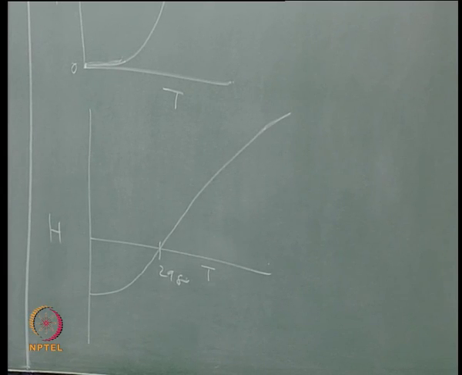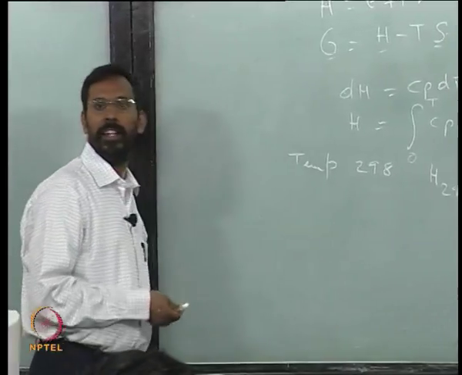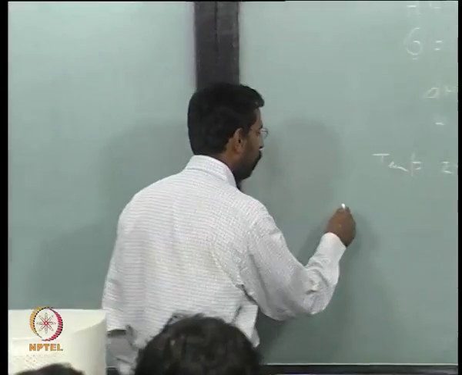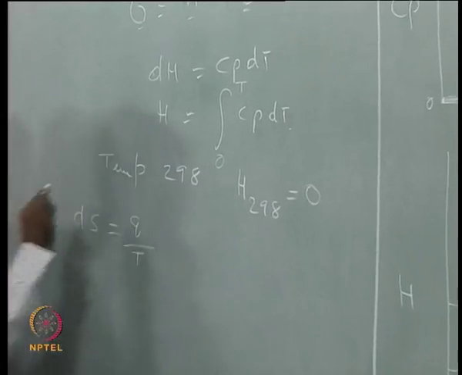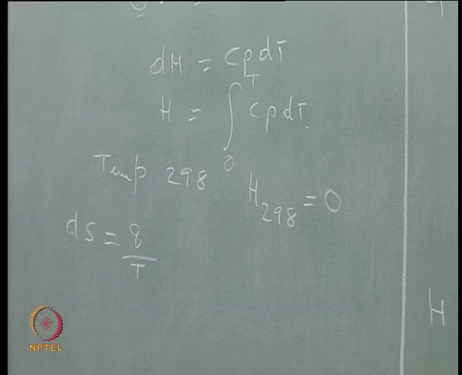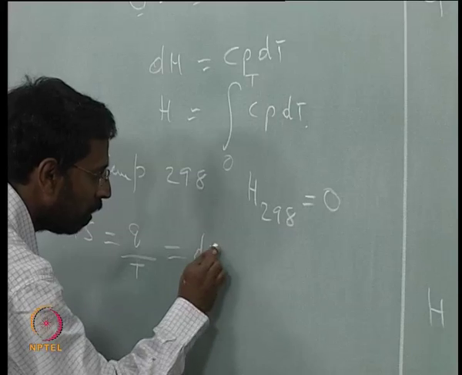Once I know H is represented that way, I can also start defining S, because the way we define the second law, the entropy term, is dS equal to q by T. And q at constant pressure is known to be dH.